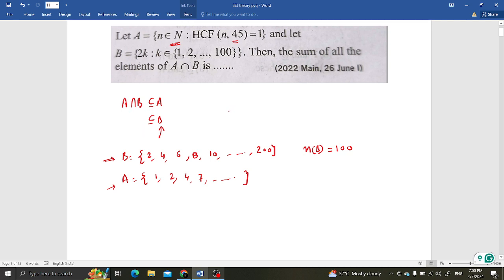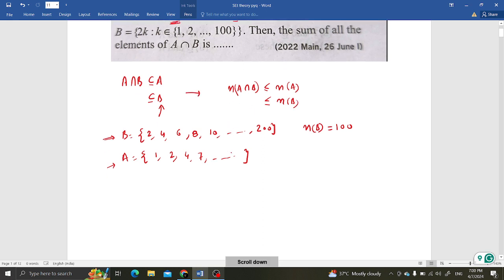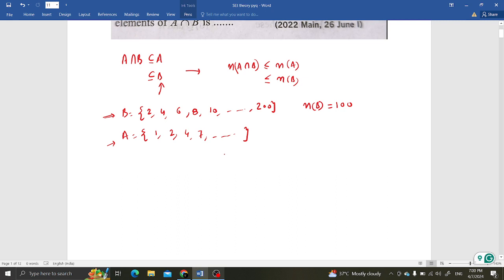So the number of elements in A intersection B is less than or equal to the number of elements in A, and less than or equal to the number of elements in B, as it is a subset of both. That's why the number of elements in A intersection B has to be less than or equal to 100.